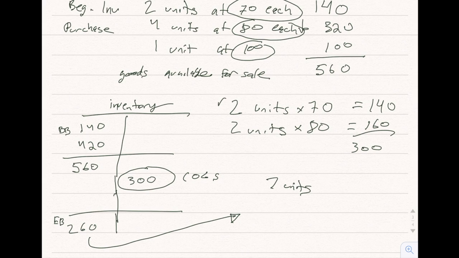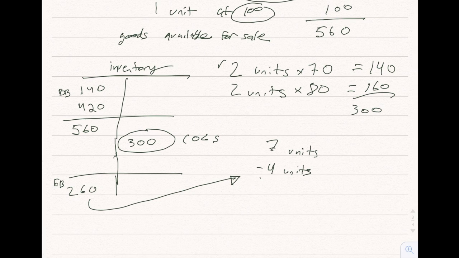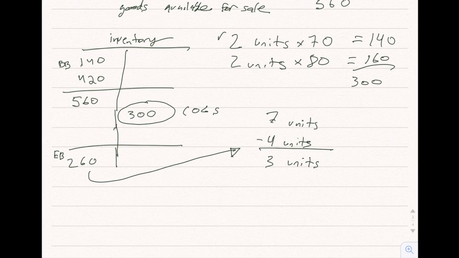Okay, going to erase this. 7 units. How many did we sell? We sold 4 units. Okay, so 3 units.